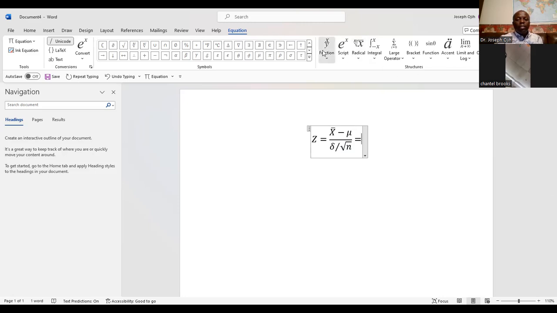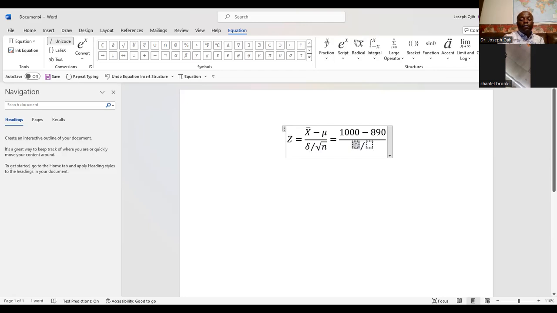Which means we have this. The sample mean is 1,000. The population mean is 890, divided by the standard deviation of 50 over the square root of the 49 samples they're taking.